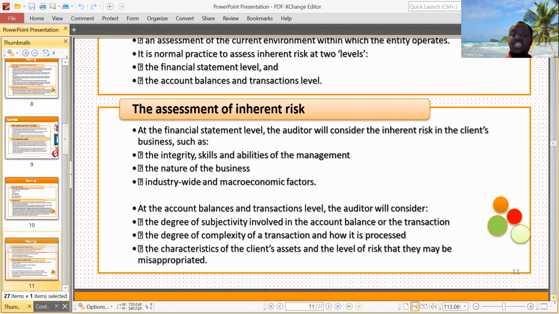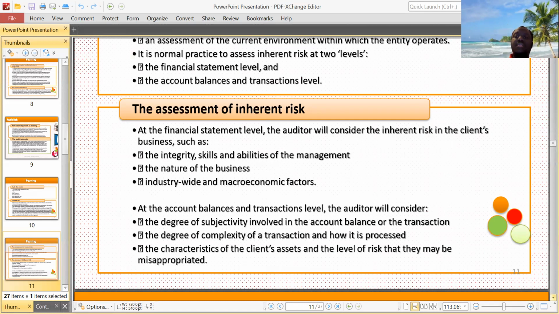So at the financial statement level, the auditor will consider the inherent risk in the client's business, such as the integrity, skills, and abilities of management, the nature of the business, as well as industry-wide or macroeconomic factors. These are inherent risks, right? That's at the financial statement level.